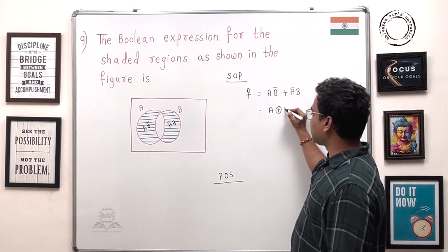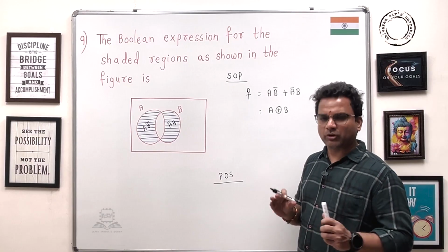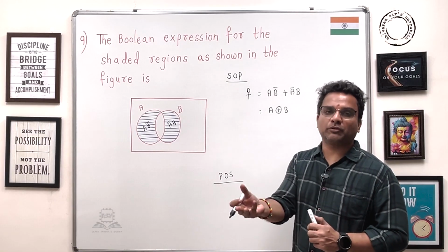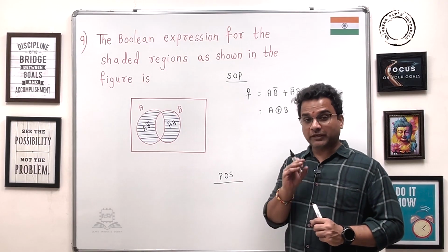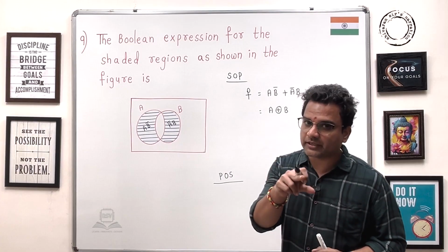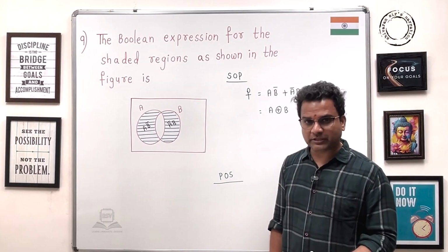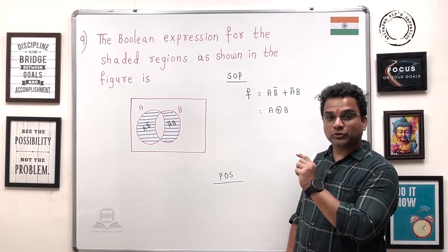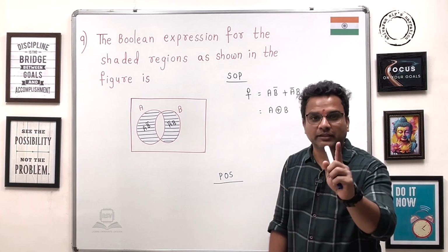Yes. Similarly, now guys, I want to go with POS. I want to express the equation in terms of POS. And you know very well, in POS, we consider the max terms whose output is 0. So for this Venn diagram, if you want to write the POS expression, then you need to choose the area where it is not selected.